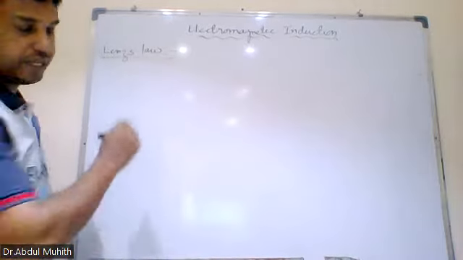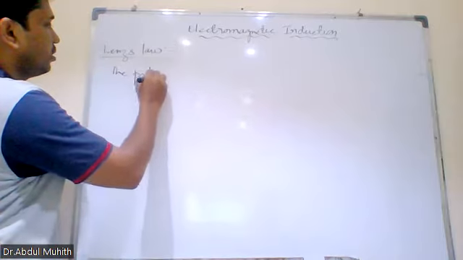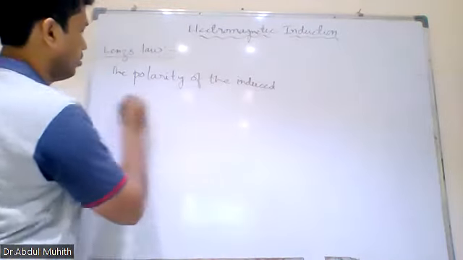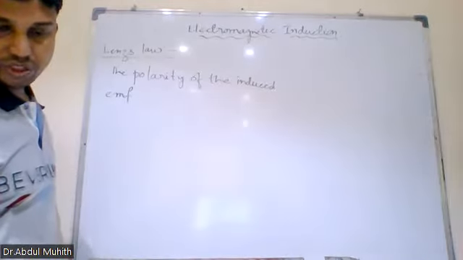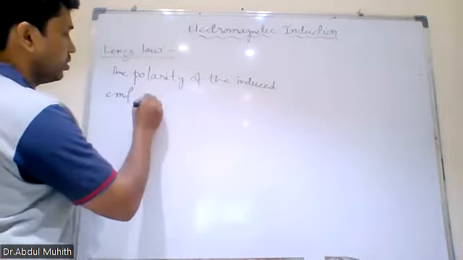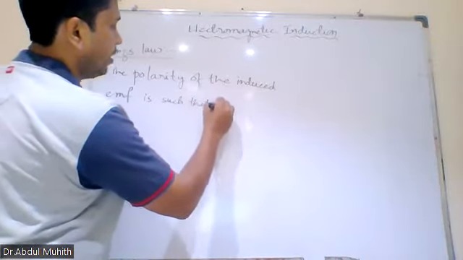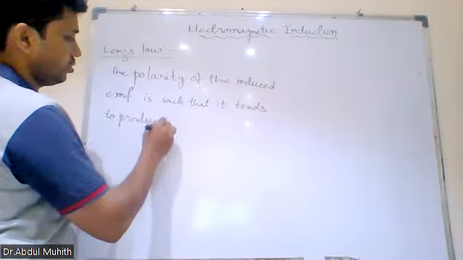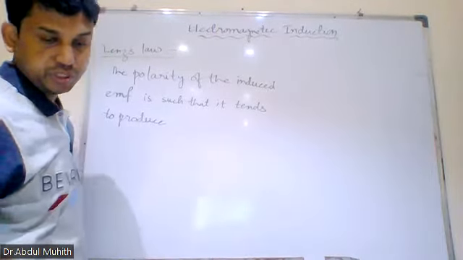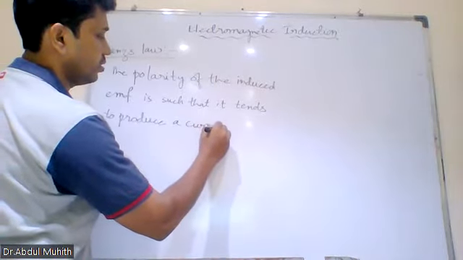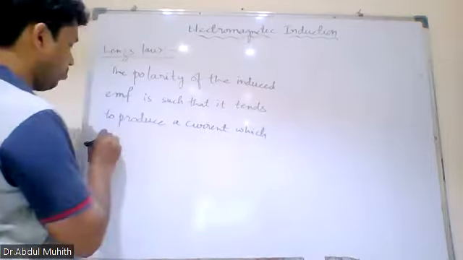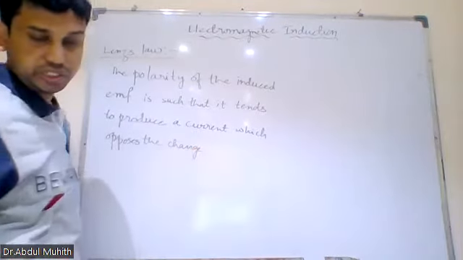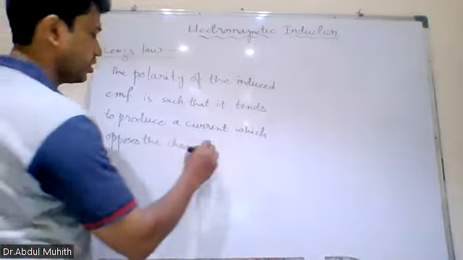So the polarity of the induced EMF, he says, is such that it tends to produce a current which opposes the change in magnetic flux that produced it.